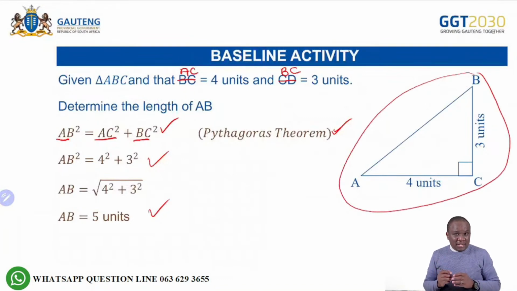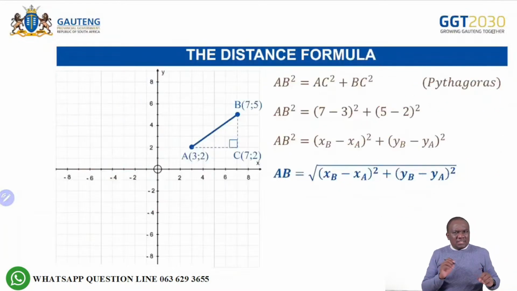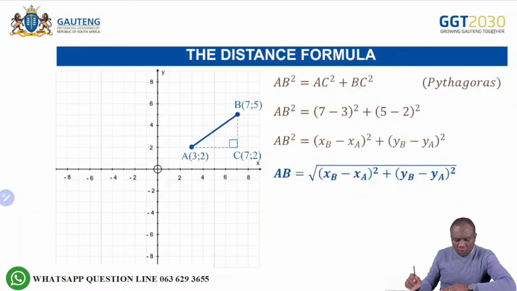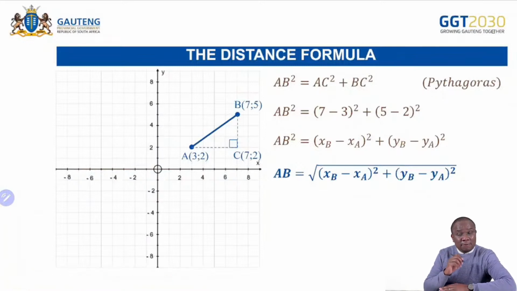It's still the same triangle. Do you see that? Okay. But now we are concentrating on AB. We are just concentrating on AB because we're going to be finding the distance of a line segment. So we're looking at AB. And then I want you to look at this distance formula. Please just listen for now. I'll give you time to write your notes.